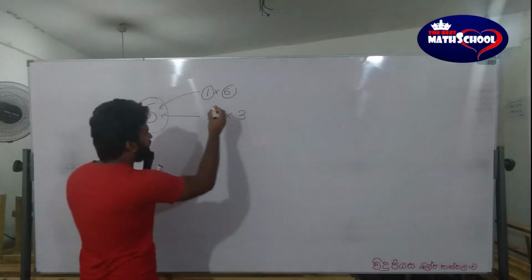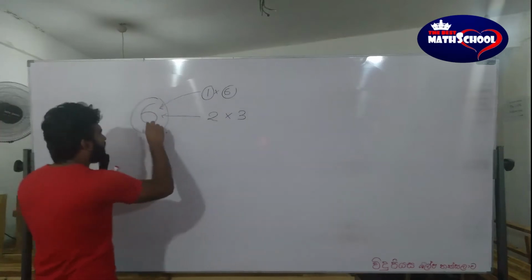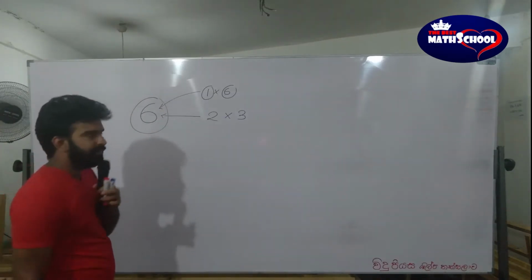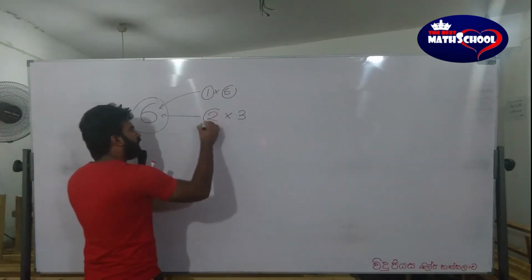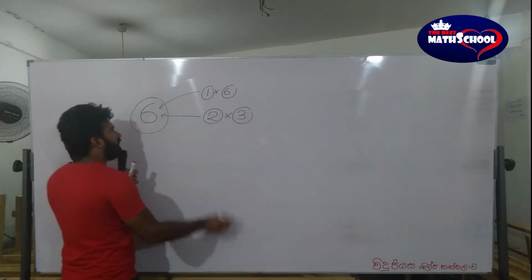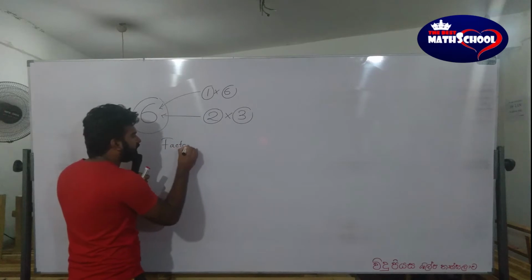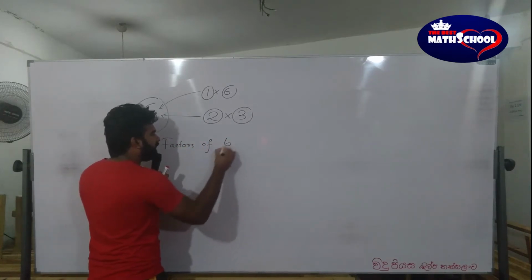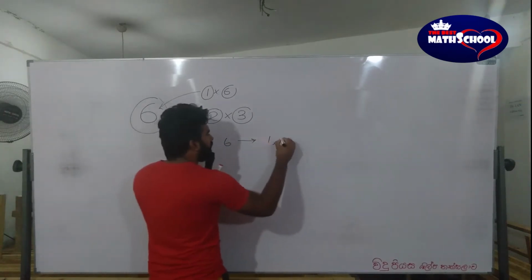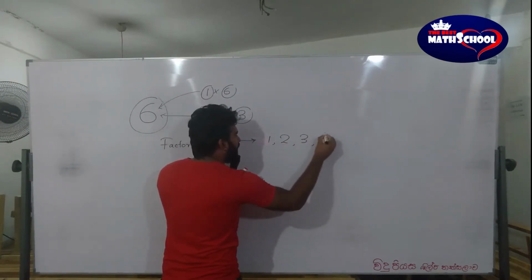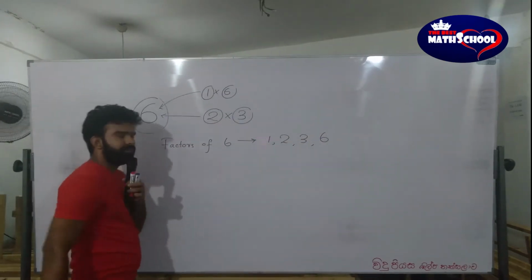So 1 and 6 will be factors of 6, right? As well, 2 and 3 also will be factors of 6. So if I take factors of 6, I can take 1, 2, 3 and 6 as the factors of 6.